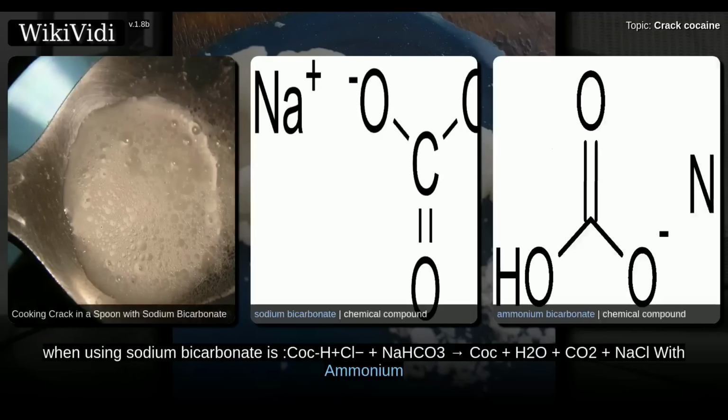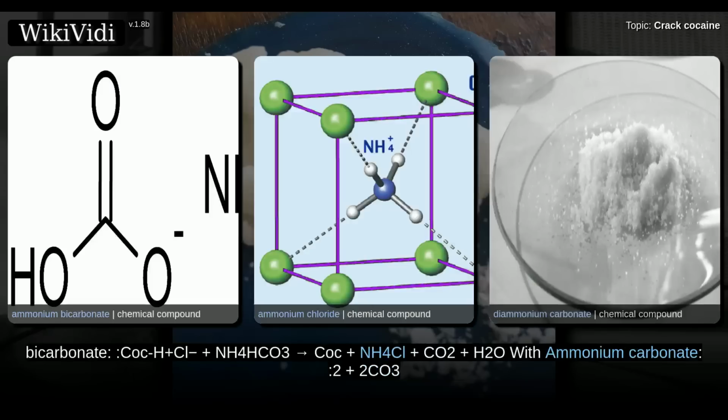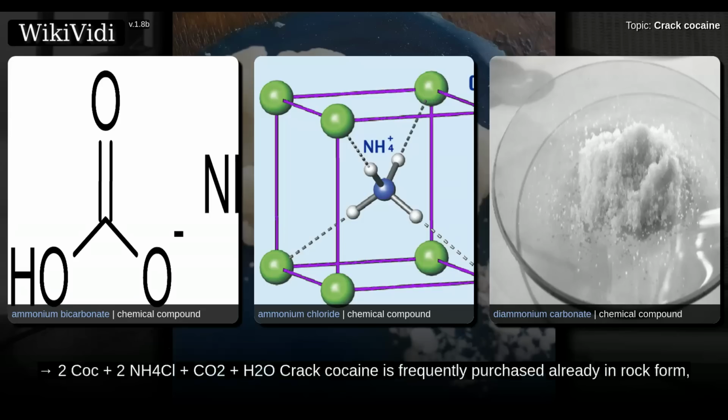With ammonium bicarbonate: COCH+ Cl- plus NH4HCO3 gives COC plus NH4Cl plus CO2 plus H2O. With ammonium carbonate: 2 COCH+ Cl- plus (NH4)2CO3 gives 2 COC plus 2 NH4Cl plus CO2 plus H2O.